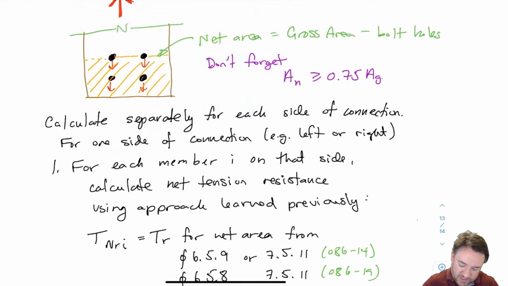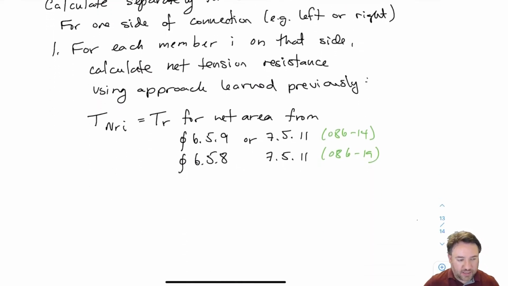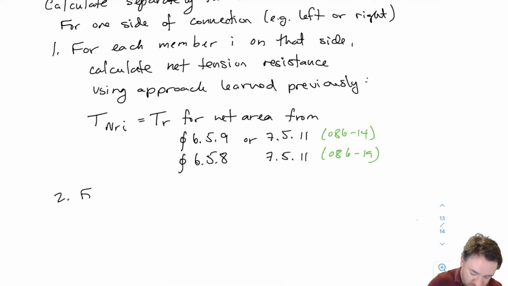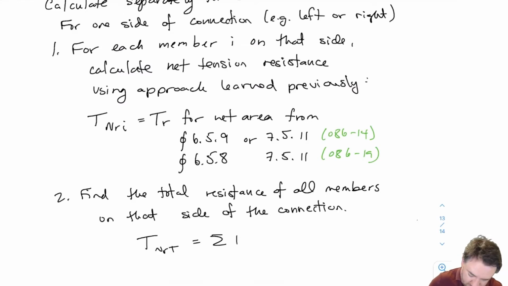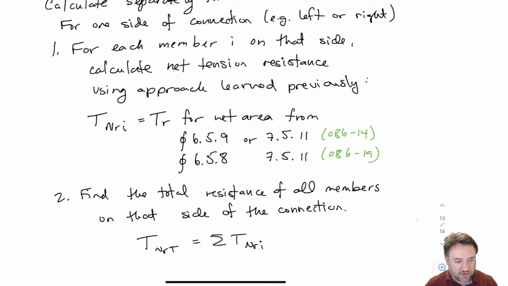Okay, so once I find my net tension strength in the connection for each member on that side of the connection, then I find the total resistance. That gives us TNRT, which is my net tension strength total, which is the net tension strength of all the members on that side of the connection together.